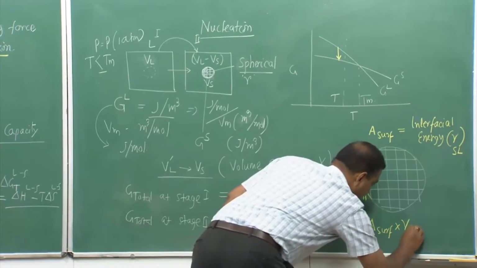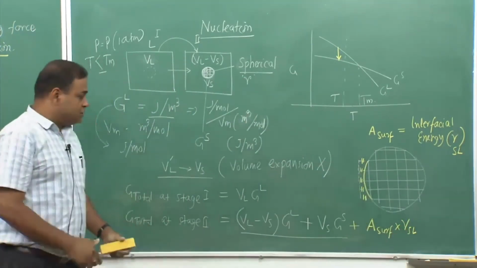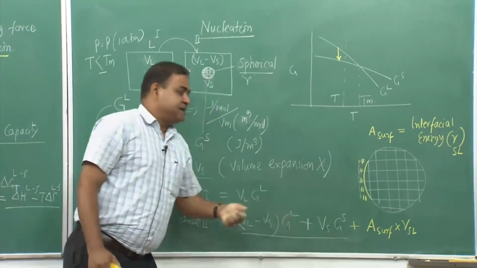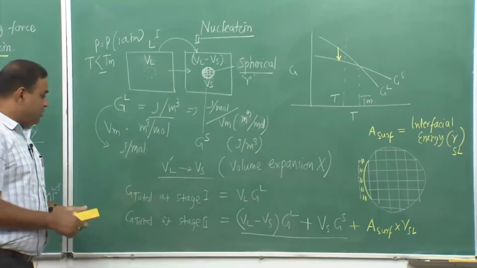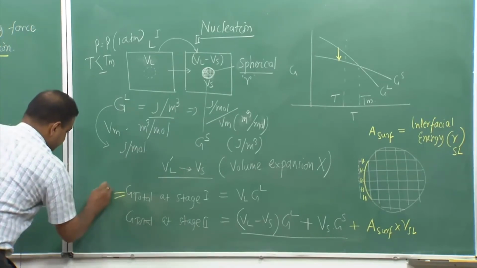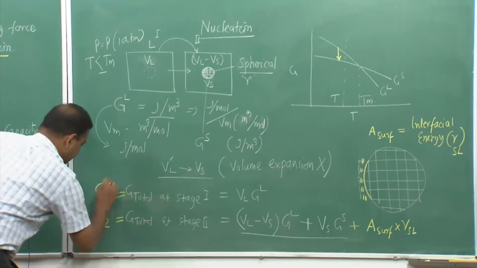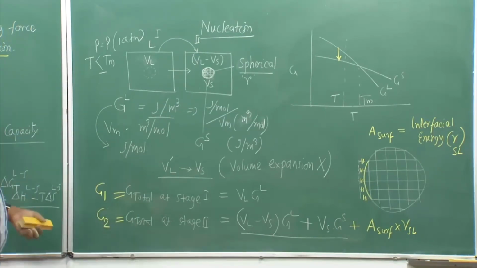into gamma SL. So, that means at stage 2 I have these many energy terms. Now, if I consider this to be G1, which is initial, and this is G2, which is final, I can find out what is the difference in energy. Okay.